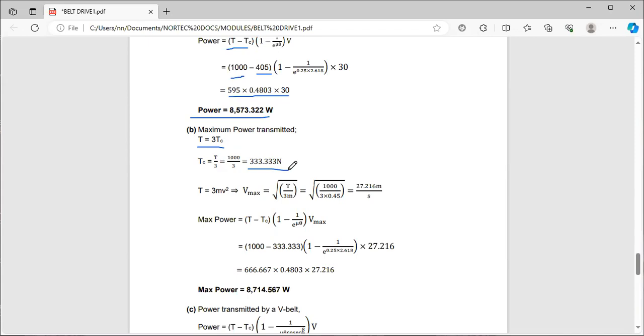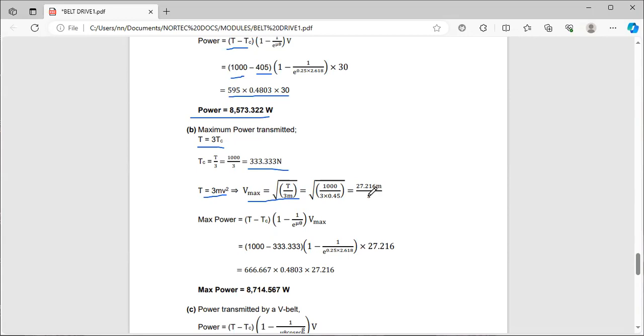We're told T is 3 mv squared, there's a 3 Tc. So when we substitute and expand, this V we have here is our Vmax. When you make it the subject, this is what you get, T over 3m. So you have T, which is 1000 divided by 3m. The mass per unit length is 0.45.